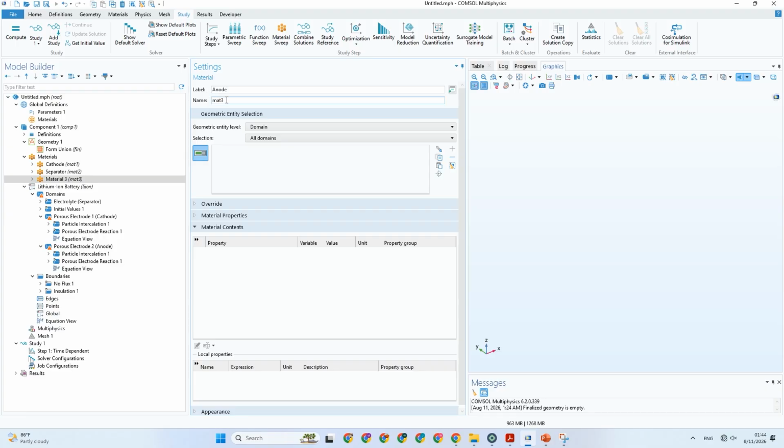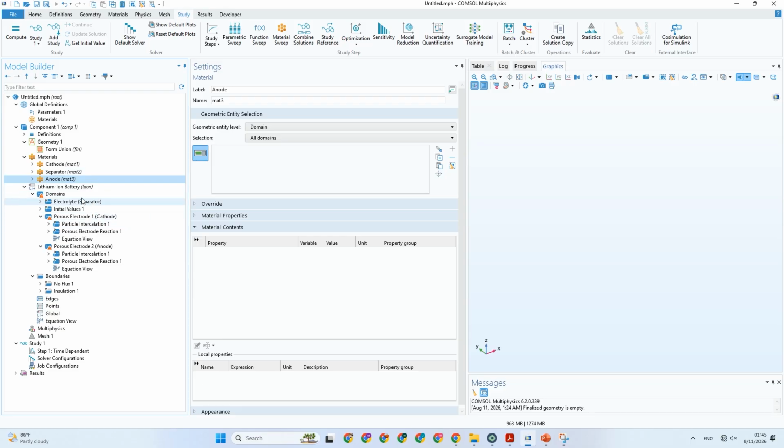Nice. We have these three materials. And now we continue. Cathode, separator, anode, okay.